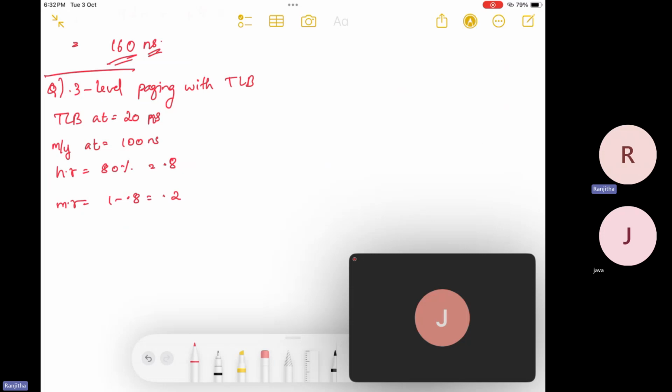So now we have 3-level paging. In case of a miss, we will have 3 plus 1 memory accesses.